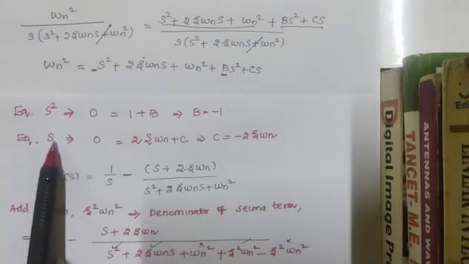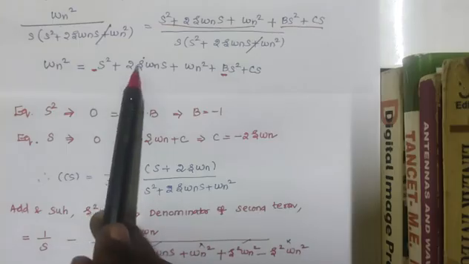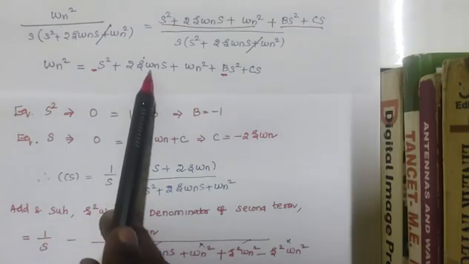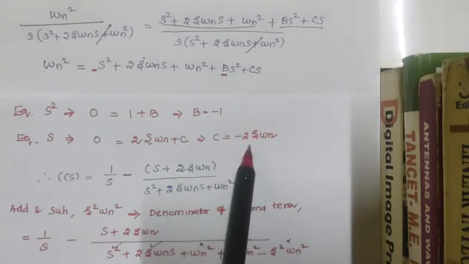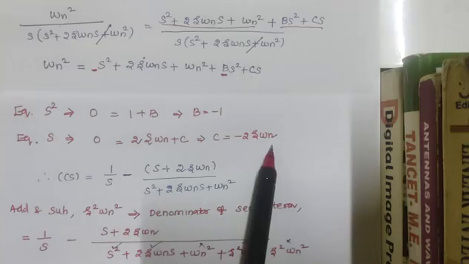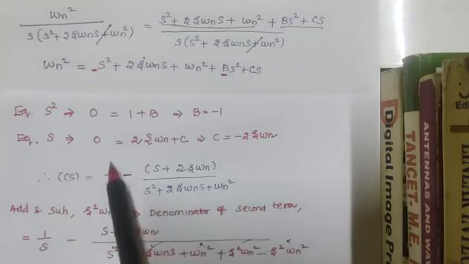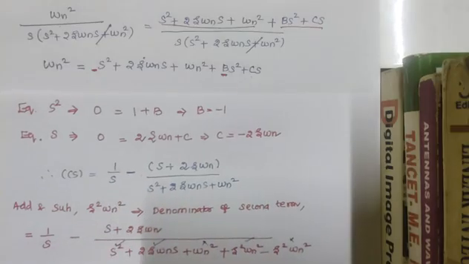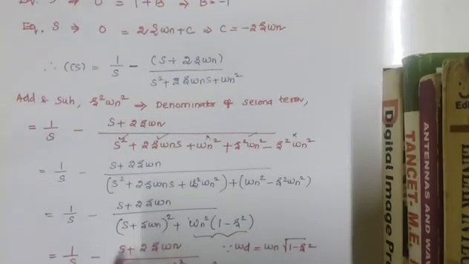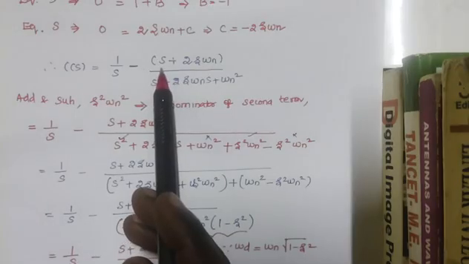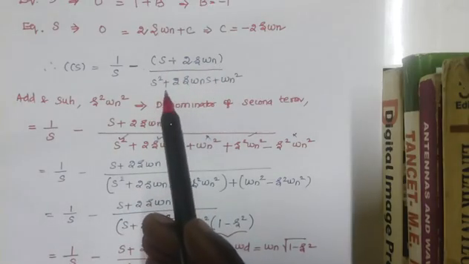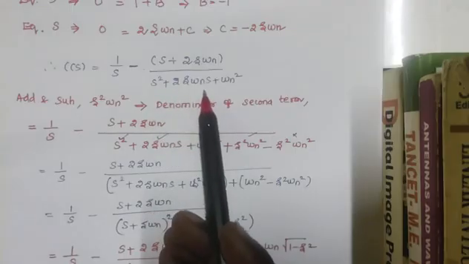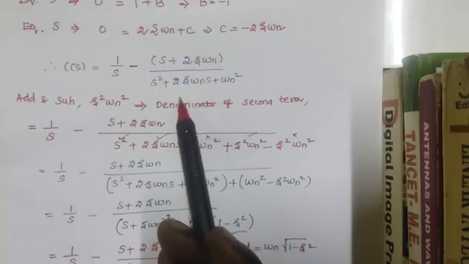Similarly, equate the s coefficient, here 0. The s coefficients are 2 psi omega n plus C. So I can compute C is equal to minus 2 psi omega n. You substitute A, B, C in this expression, you will get 1 by s minus s plus 2 psi omega n divided by s square plus 2 psi omega n s plus omega n square.